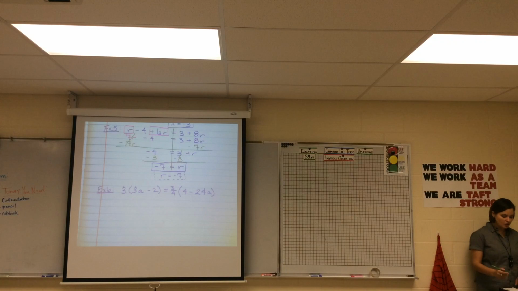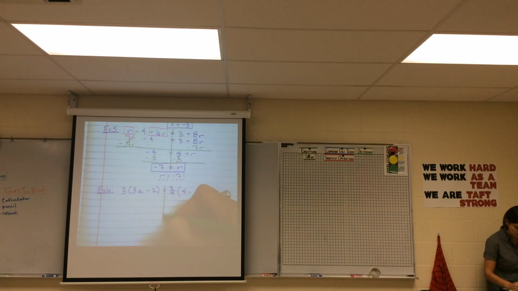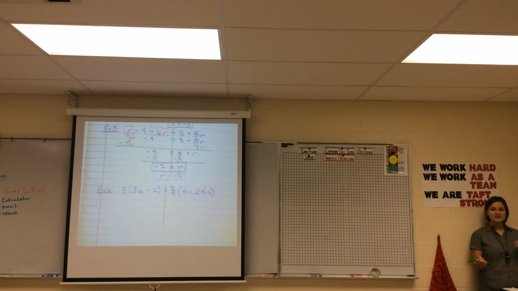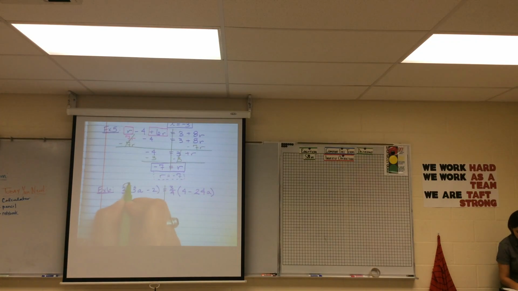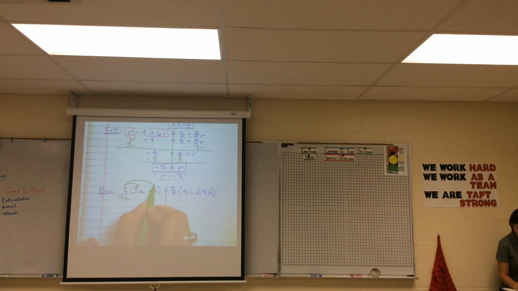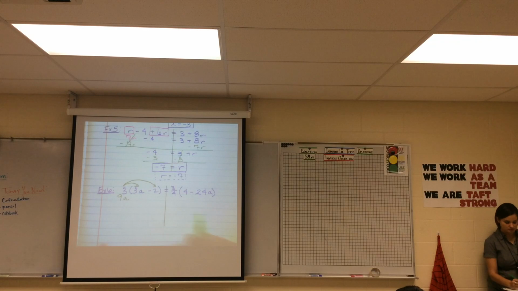So, to solve this equation, what do we have to do first? Distribute. Perfect. So we're going to distribute 3 on the left side. So 3 times 3a, perfect, is 9a. And 3 times negative 2 is negative 6.